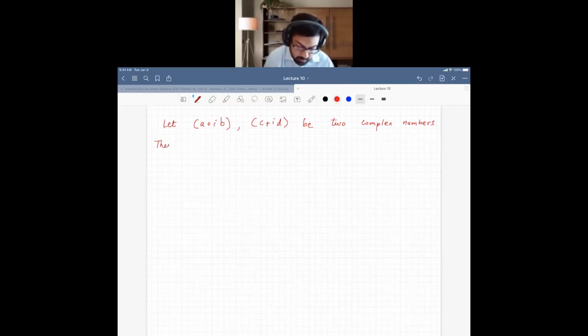Then the conjugate of their product equals the product of their conjugates.